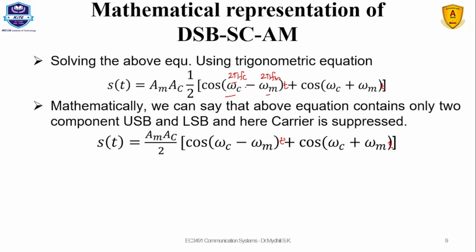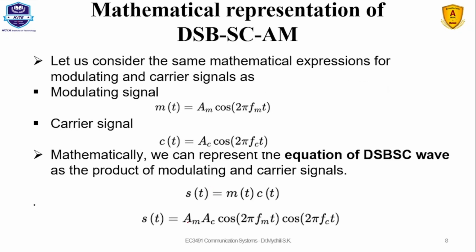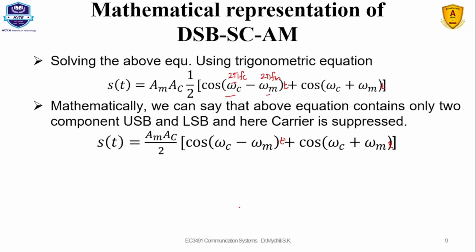Solving this, as previously, using the cos a cos b formula, we will obtain 1 by 2 times cos of a minus b plus cos of a plus b. This is the term we are going to get. Here the a term is 2 pi fc and the b term is 2 pi fm, which I have shortly written as omega c and omega m.